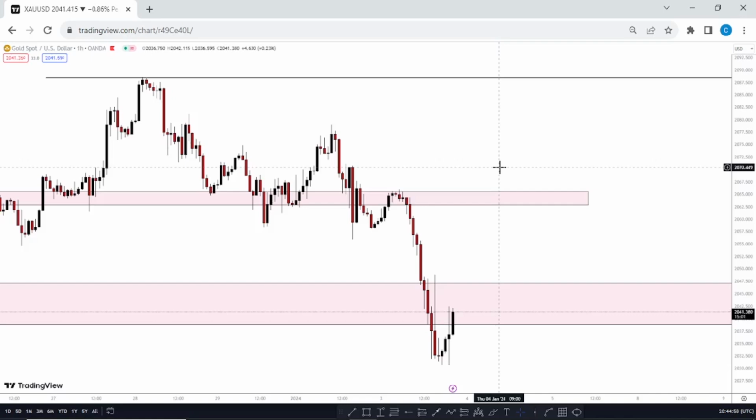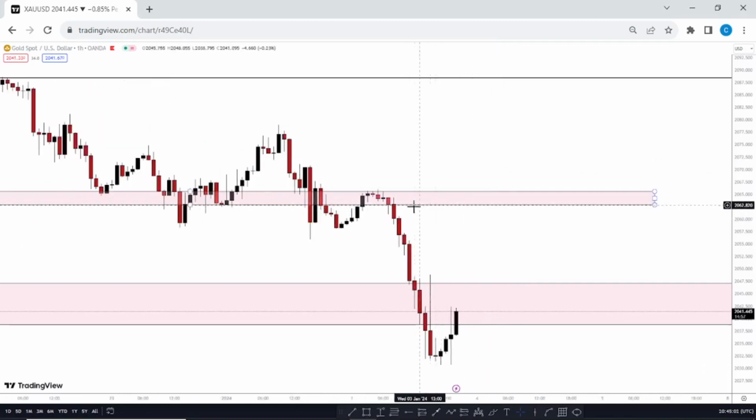So after price retested as a resistance, what are we waiting for? What candlestick pattern can we see here? We can see an evening star candlestick formation pattern. An evening star candlestick confirmation pattern consists of 3 candlesticks, right?